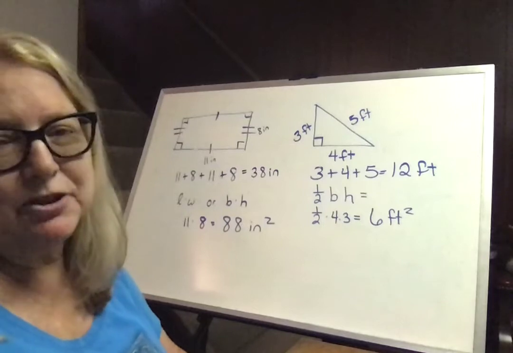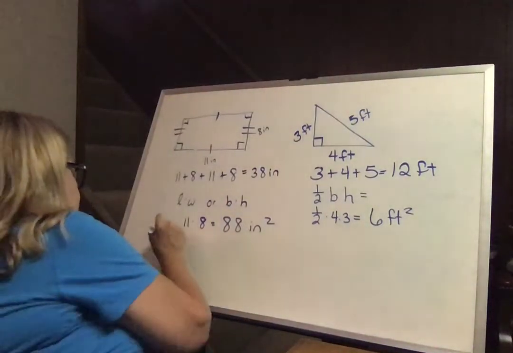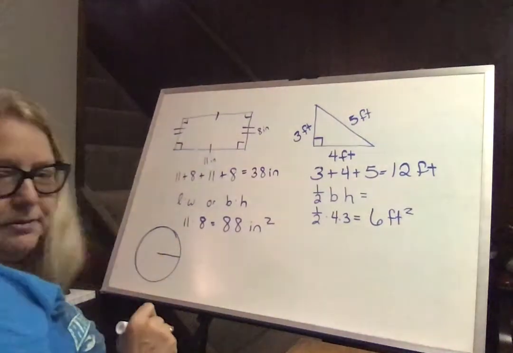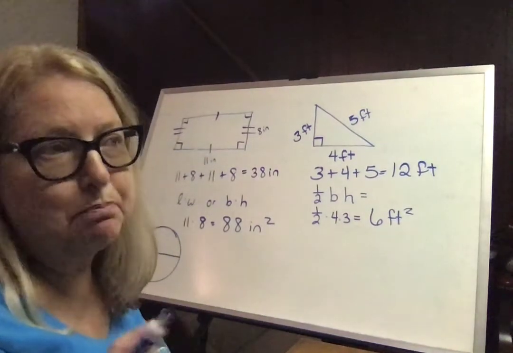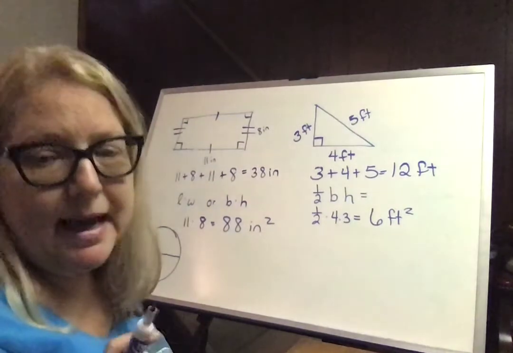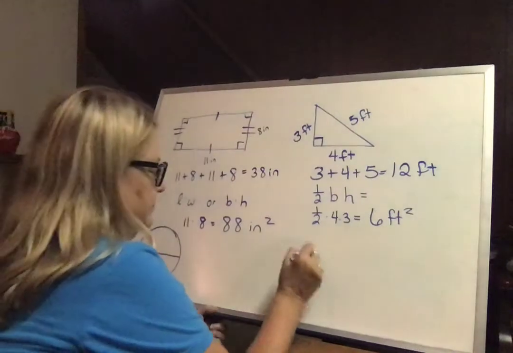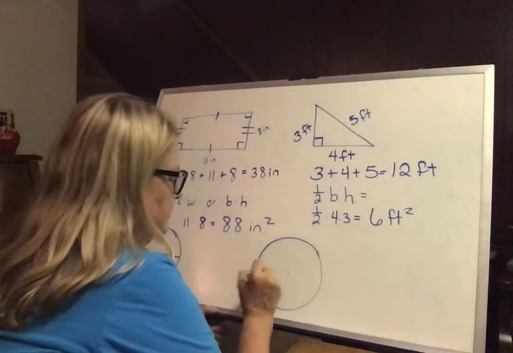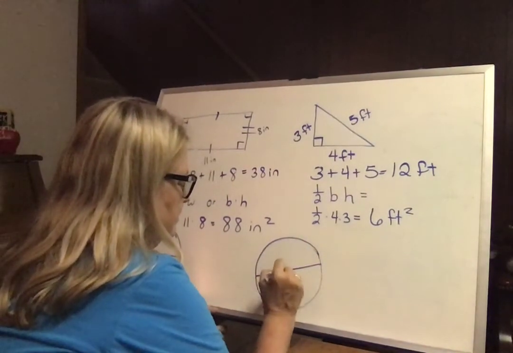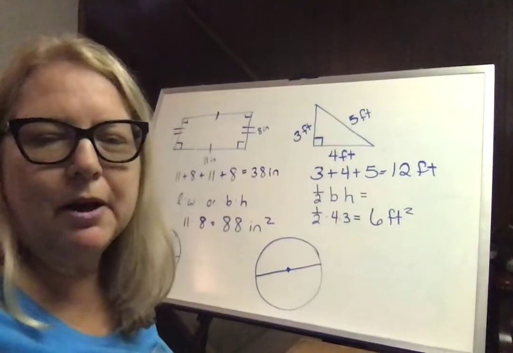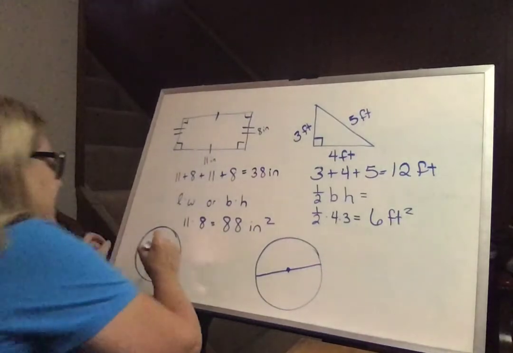Okay, that just leaves a circle. And let's look at both the area, and instead of perimeter, we call it circumference. And we'll give two different situations. So, hopefully you remember this.